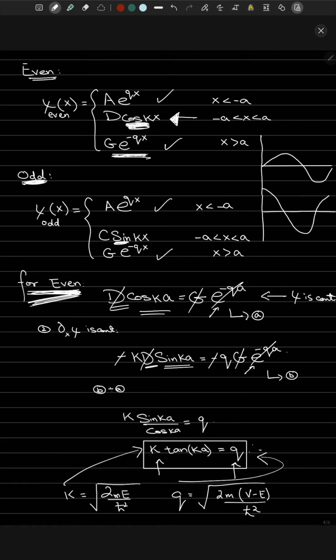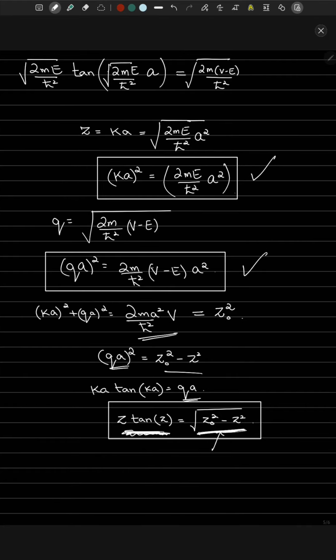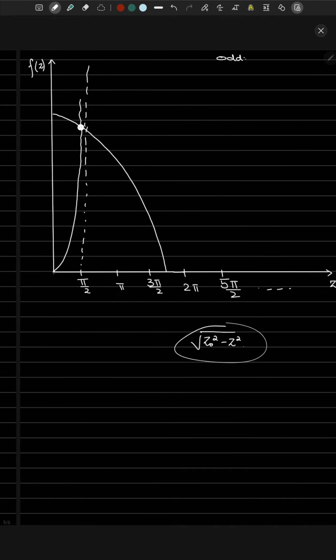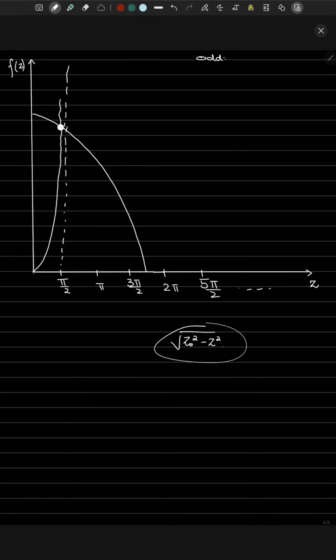So the transcendental equation for the case of odd would become, let me just write it over here. For odd, the transcendental equation would be z n cot zn, right? So you can do this as an exercise.